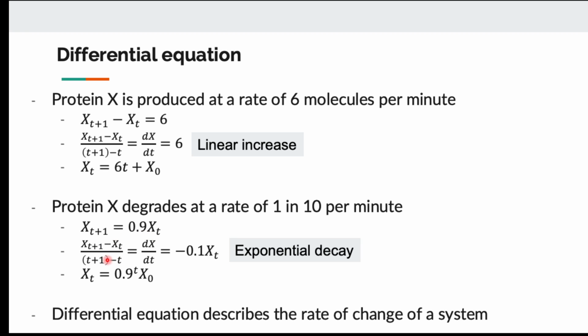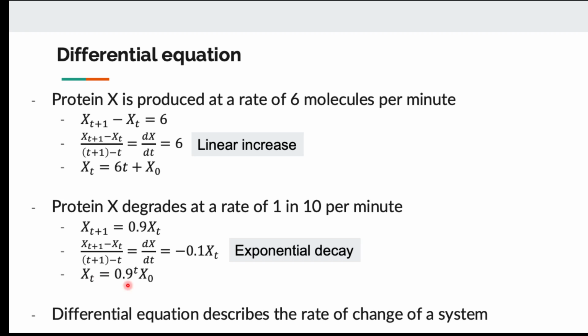If we write again the difference between protein molecules divided by the difference in time, in this case, it's no longer constant, but it's minus 10% of the amount of protein. So this means that the rate of change of the protein is a decrease, the minus sign is a decrease, and the decrease rate is 10% of whatever number of molecules of protein that we are having.